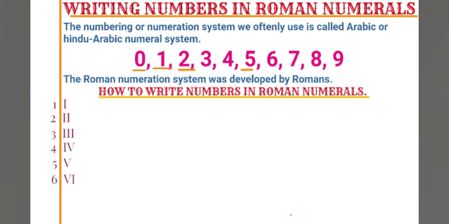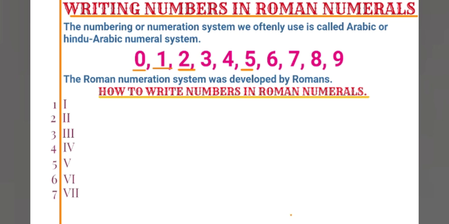Don't ever swap these, because there's a great difference between 4 and 6. Students usually mix up 4 and 6. I repeat, in 4, I comes first and V second, and in 6, V comes first and I second.